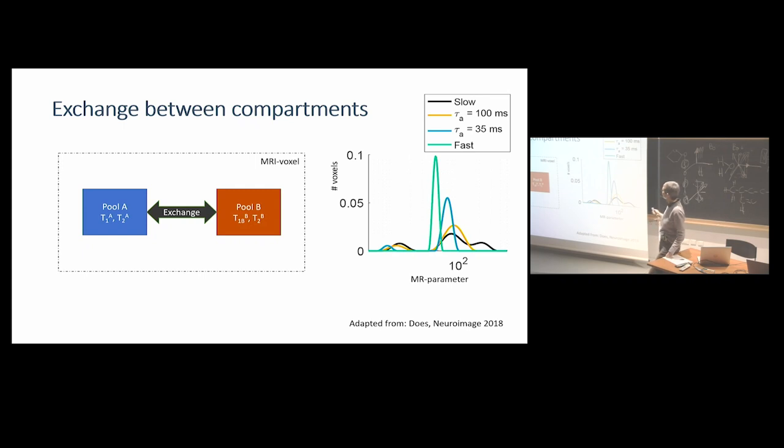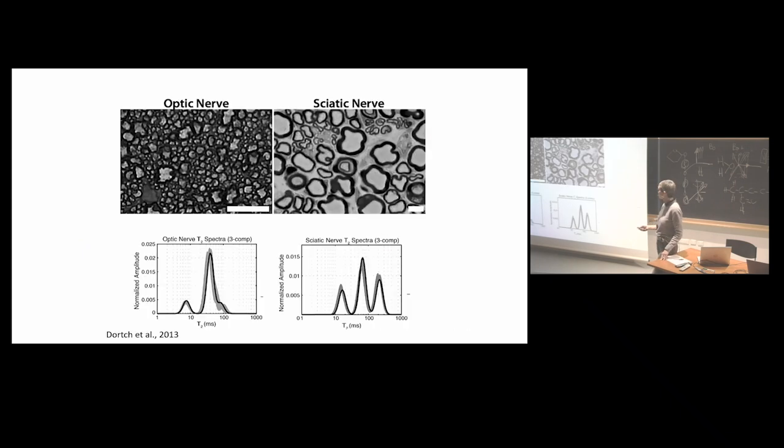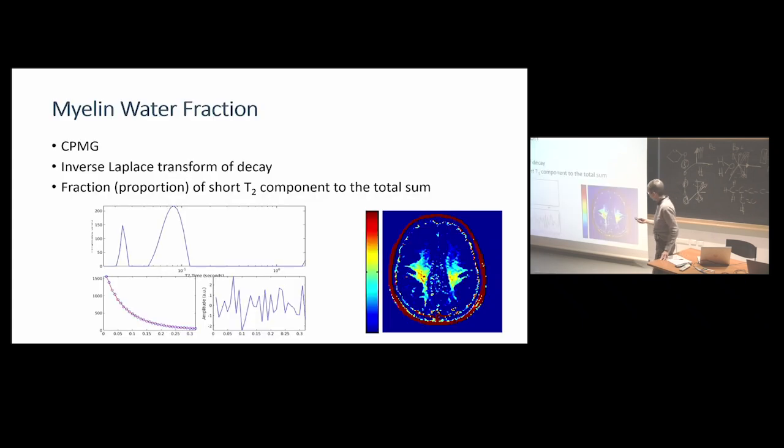And depending on the time of it, you can discern between these pools more or less easily. So it's not completely straightforward to separate these pools. And you can see also, depending on the pool size, you can get funny effects here.